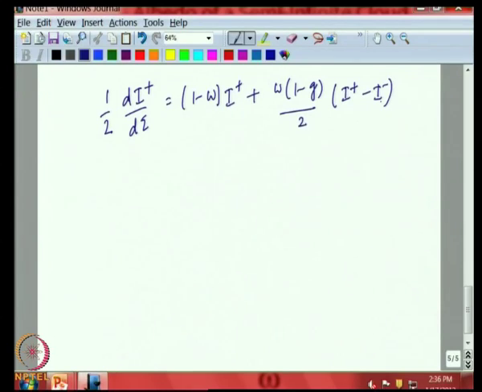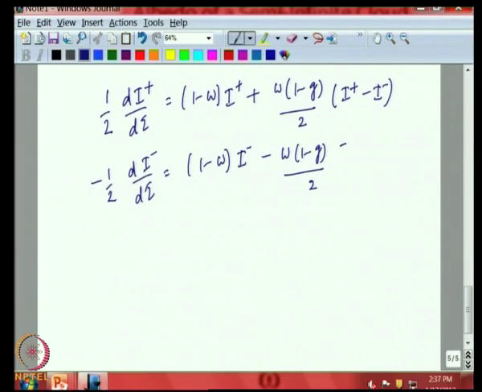So, it is worth noticing that g was 0 in the original analysis. So, it looked different. Here g is non-zero, and the second expression involves the asymmetry parameter also.